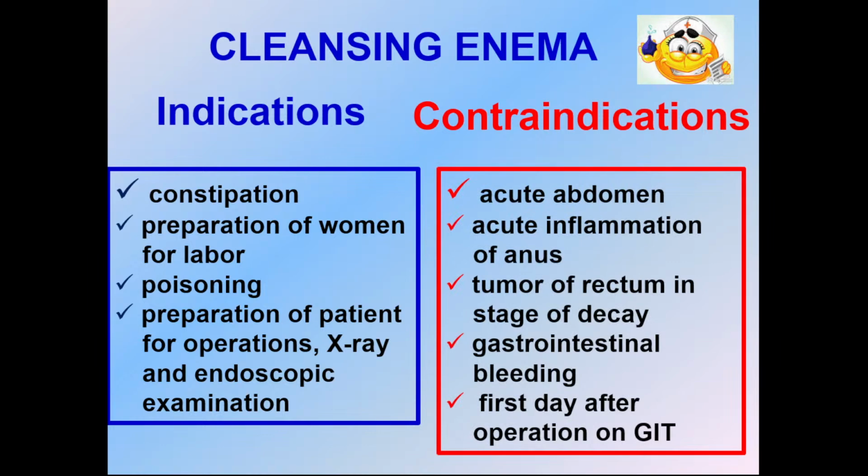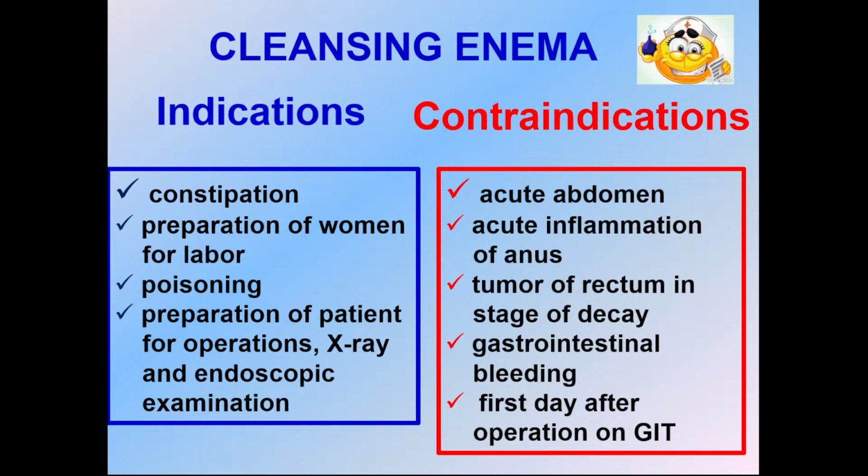Contraindications: a cleansing enema is contraindicated for a patient with acute abdomen, when the patient feels severe abdominal pain of unknown origin. We talk about acute abdomen when the pain appears due to bleeding, rupture, growth of tumor, obstruction of intestine, or any other acute situation which sometimes needs surgical correction.